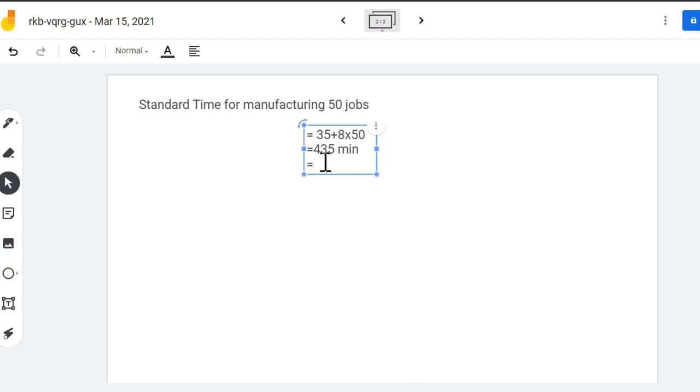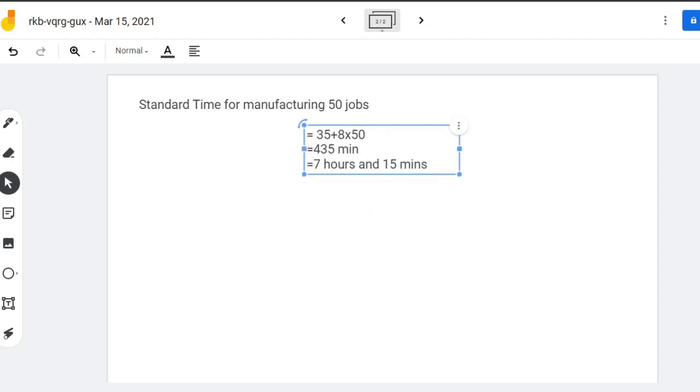How many hours is 435 minutes? 7 hours, and 15 minutes. So, 7 hours and 15 minutes.